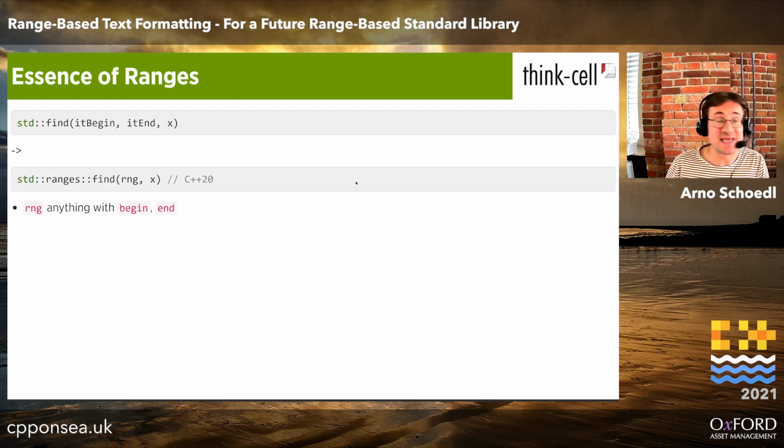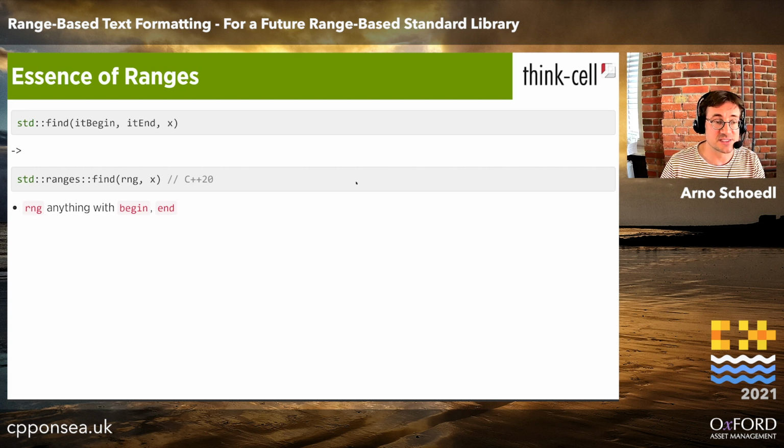Now, here's the essence of ranges. Usually you would find in the old days, right, you would write something like std::find, and you'd have to specify 2 iterators. And the insight is, well, these 2 iterators really always belong together. And why not put them into one object and then just call that a range, and instead of passing 2 things, we just use one thing and pass that.